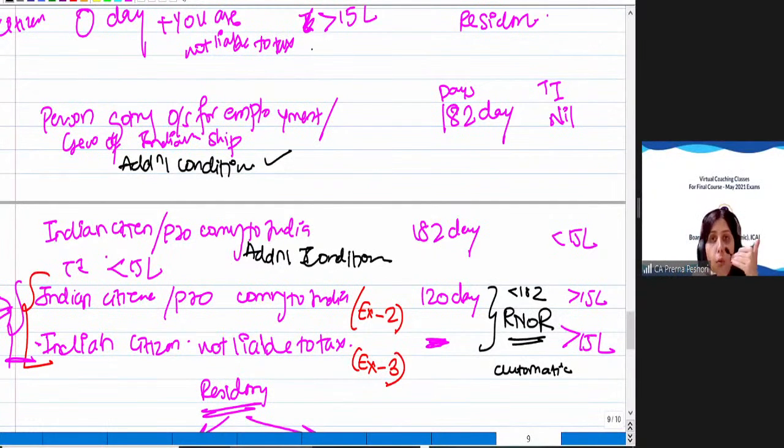But what will be the implication if he is NR, I'll give you an answer in the meantime, because I'll tell you what are the implications of these amendments, and at that point in time you will clearly understand why this distinction has been made. Any other doubt?